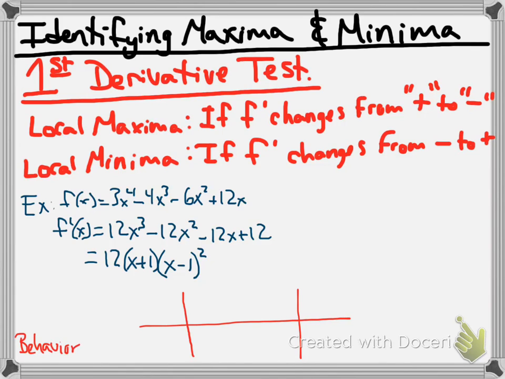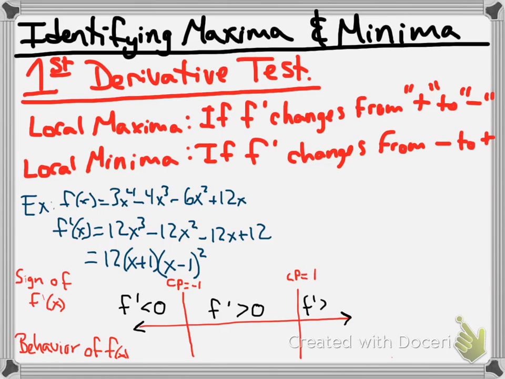For example, if we have the function 3x to the fourth minus 4x cubed minus 6x squared plus 12x, then our first derivative, after it's factored, is 12 times the quantity x plus 1 times the quantity x minus 1 squared. In looking at this, we see that the sign of f prime is negative for x values less than our first critical point at negative 1.